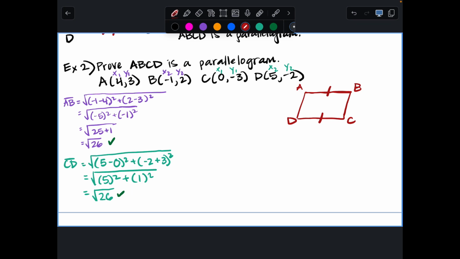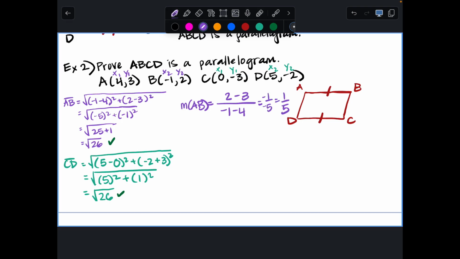For method 3, I need to prove that that same pair of opposite sides have the same slope. So I'm going to use AB again, the slope of AB, and I use y2 minus y1 over x2 minus x1. 2 minus 3 over -1 minus 4, which is -1 over -5.